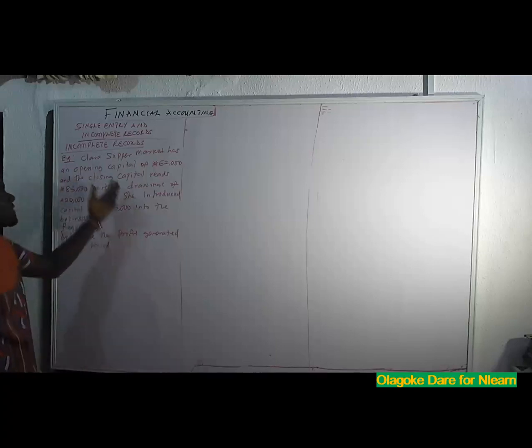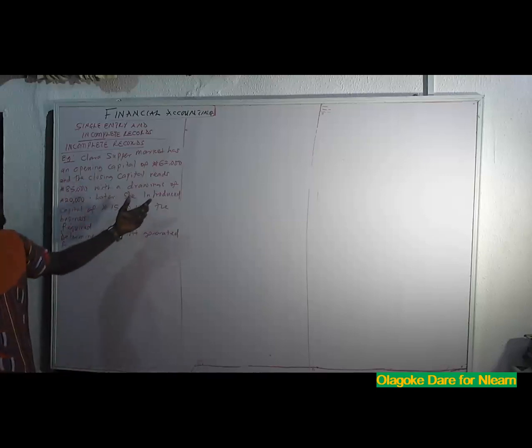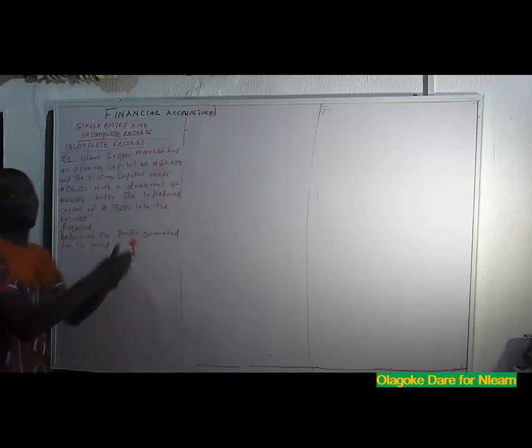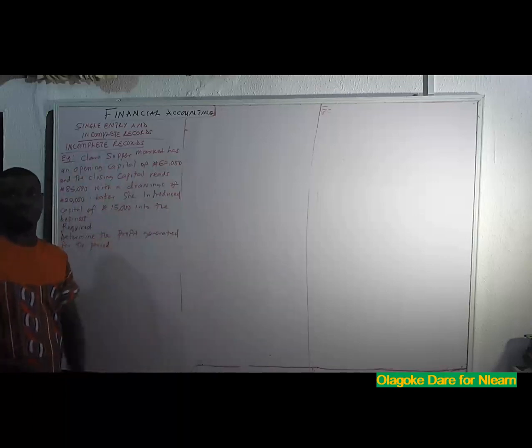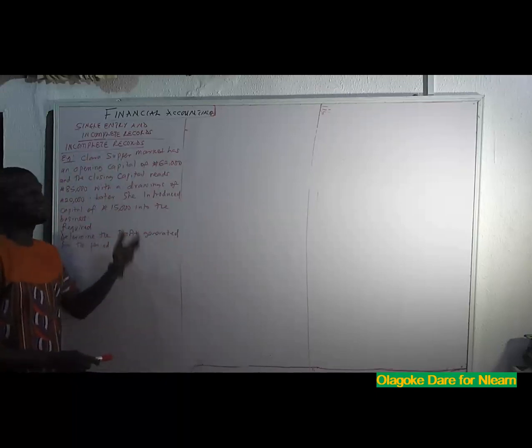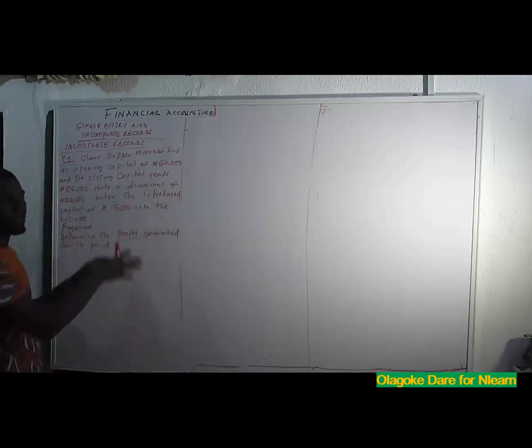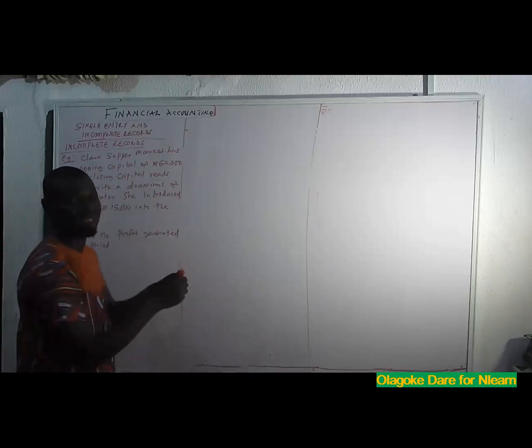If you look at this question, it's difficult to determine the sales value, the purchases, returns inward, returns outward, carriage outward. All other nominal ledgers are difficult, so to prepare an income statement is difficult because the information available is not complete. To determine the net profit, you have to use what we call the statement of net profit.